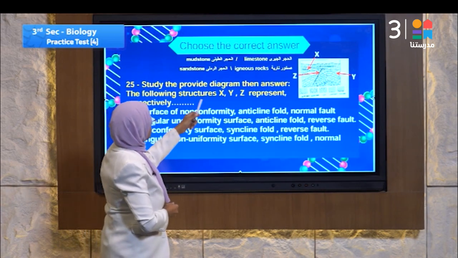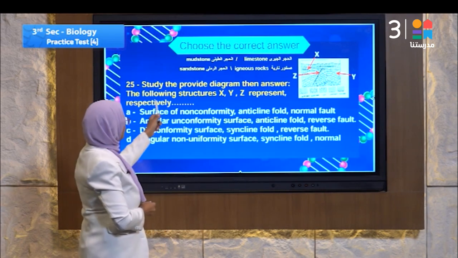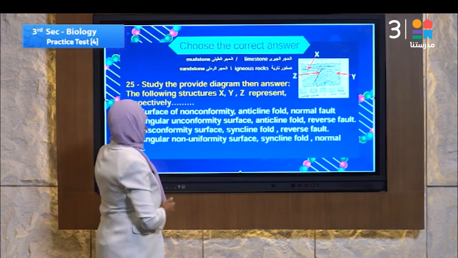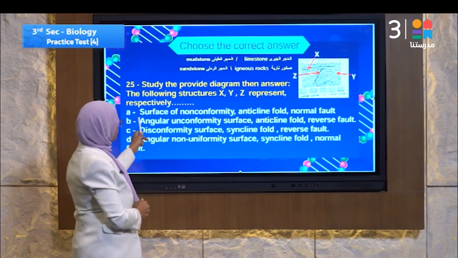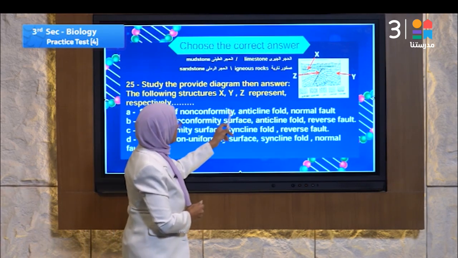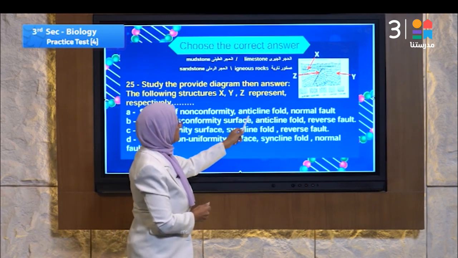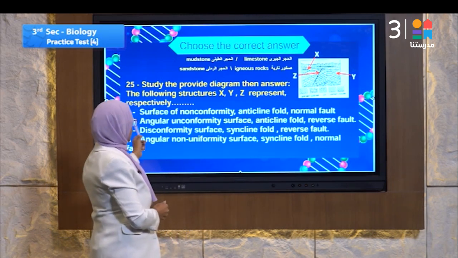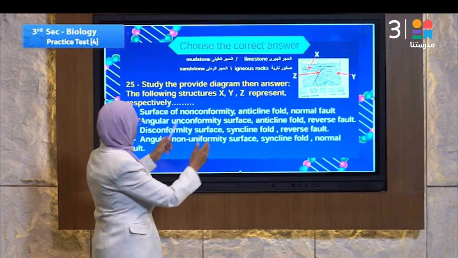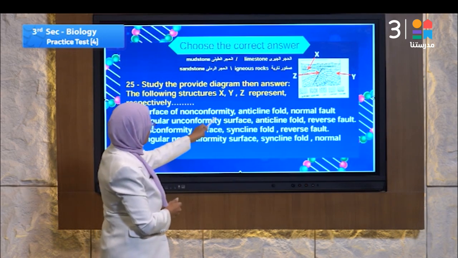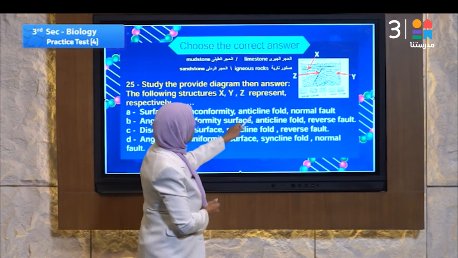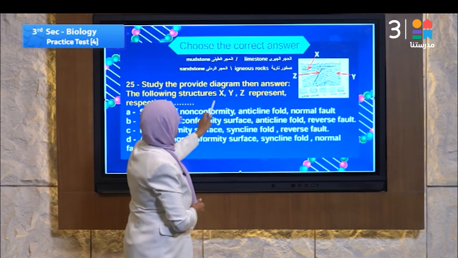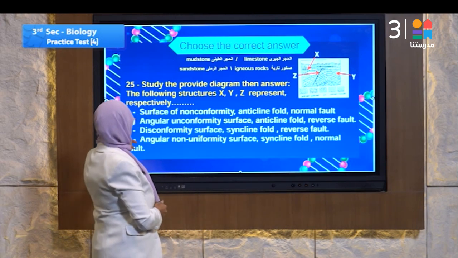Study the provided diagram, then answer: the structures X, Y, Z represent, respectively. Surface of nonconformity, anticline fault, or normal fault. Respectively X, Y, Z: X is surface of unconformity, Y anticline fault, Z is normal fault.